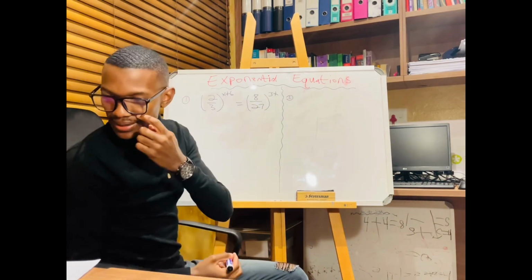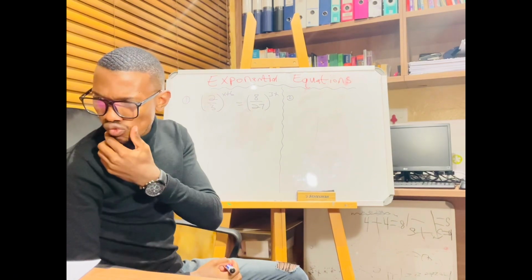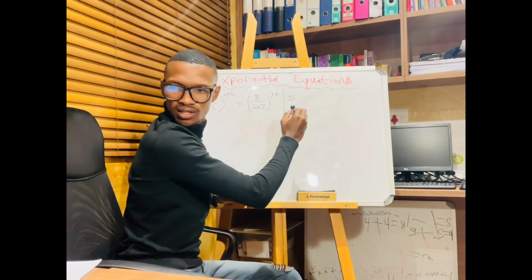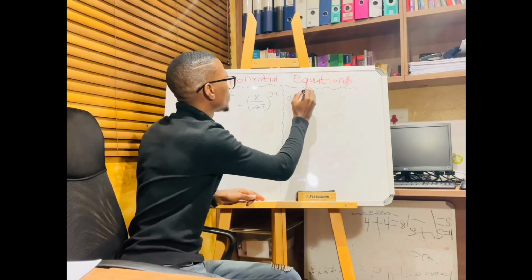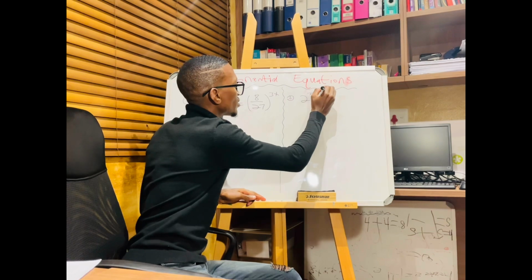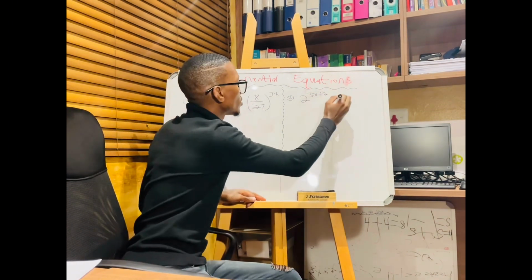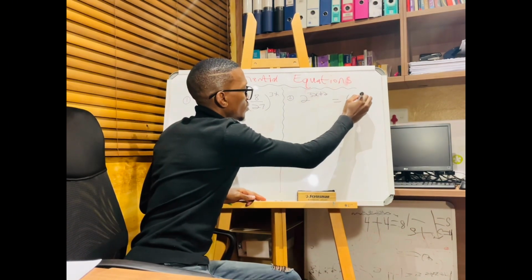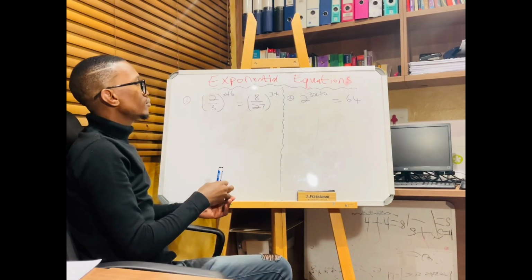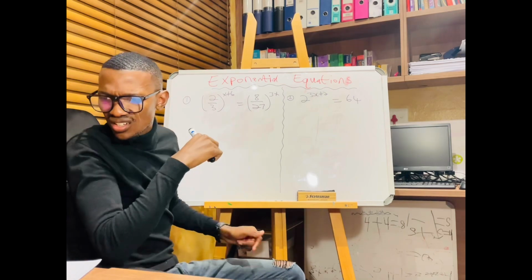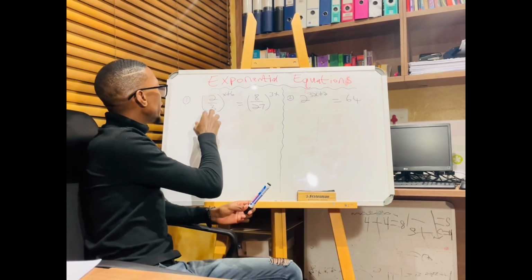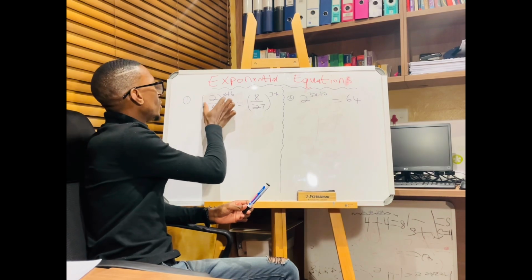And the other side I can do 2 to the power 3x plus 2 equals 64. Okay, I feel like this one would be cool. So let's just say we have 2 over 3 all to the power x plus 6.